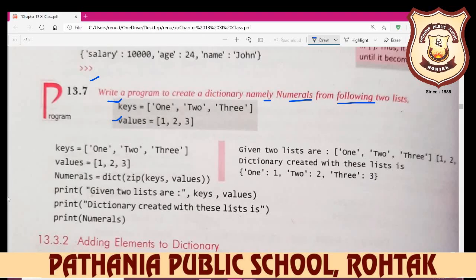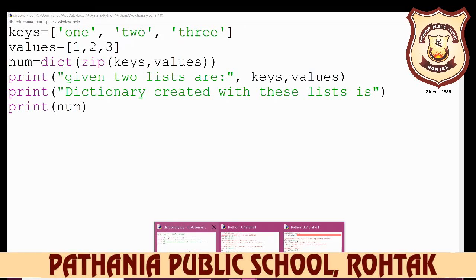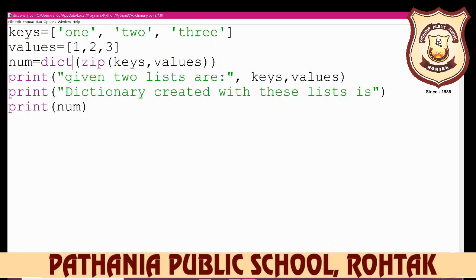You can see here, we understand with the help of the practical. First we have taken one name here, keys, and we have defined the list. This is a list, don't be confused here. We define the list 1, 2, 3. After that we have taken the values 1, 2, 3.